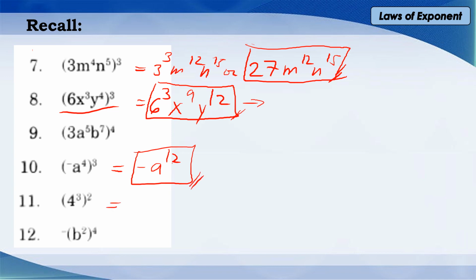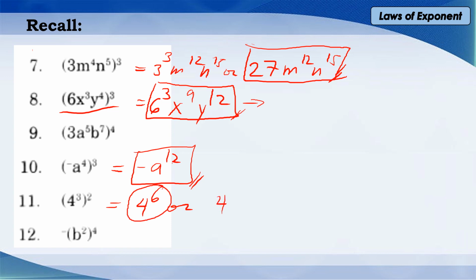Then, we have 4 cubed quantity squared. We have 4 raised to 6. Or, 4 times 4, 16 times 4, 64. Basta, yan. Okay na yan. Basta meron pa yung or.